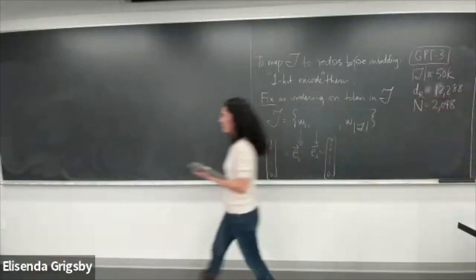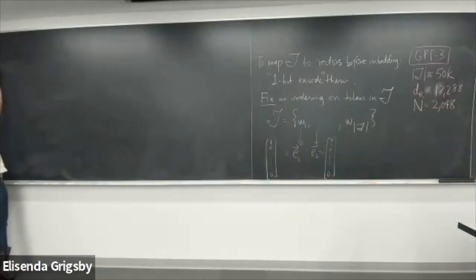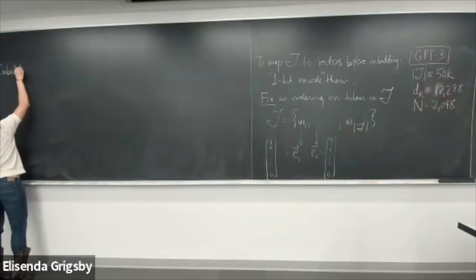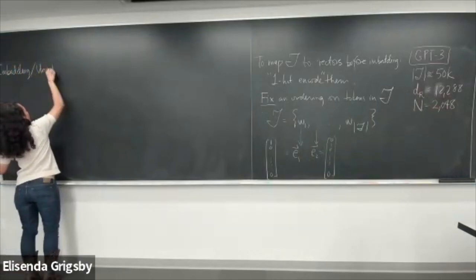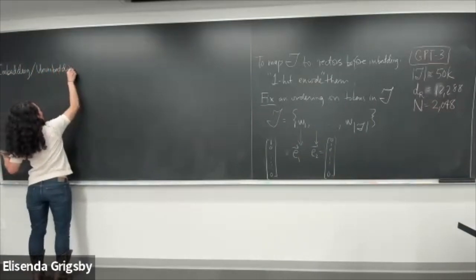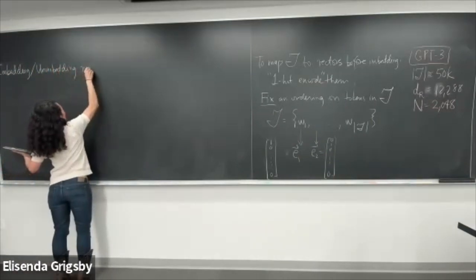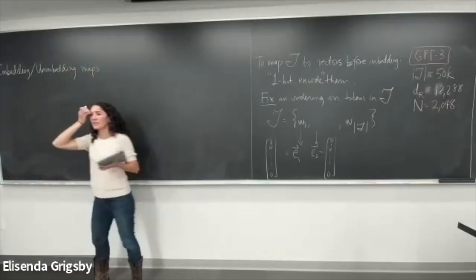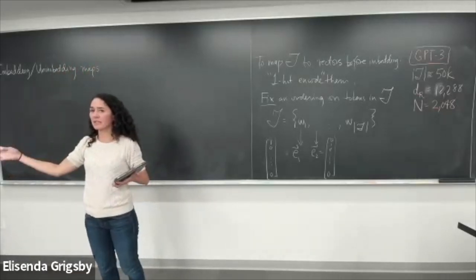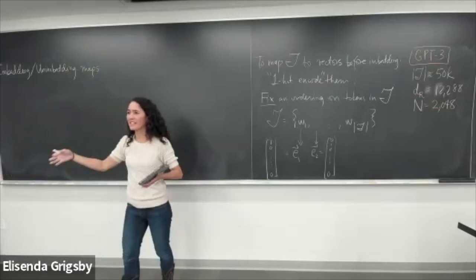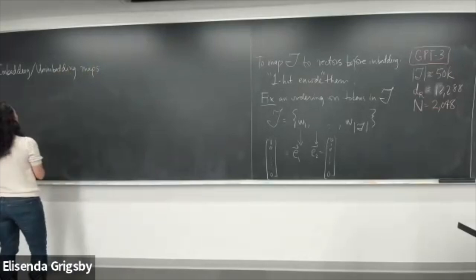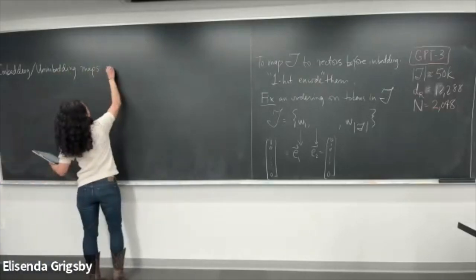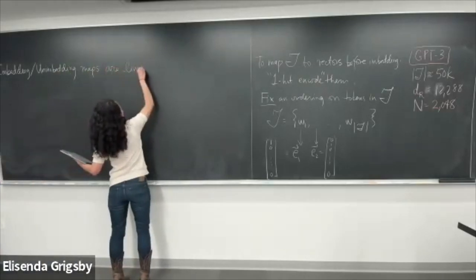You're thinking of these embedding and unembedding maps as finding a nice way of representing these tokens inside some high dimensional space, but not as high dimensional as the number of tokens. It's slightly less. And what's interesting is that these maps are just linear maps.